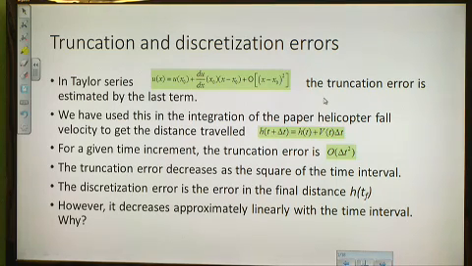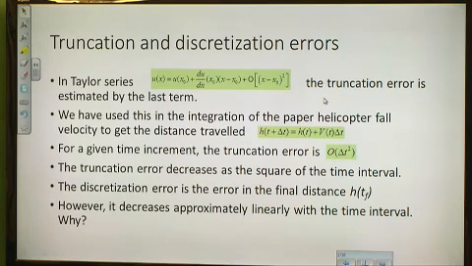We have actually used that in the analysis of the paper helicopter that I showed you. I solved for you the velocity analytically, but for the height or the distance traversed by the helicopter, I decided to use Euler integration. So I put that h of t plus delta t is h of t plus the derivative times delta t.